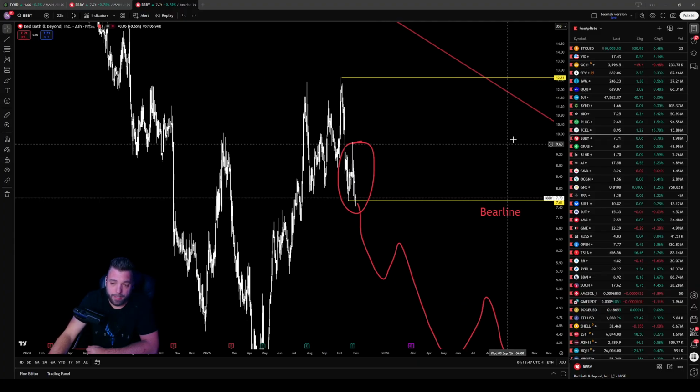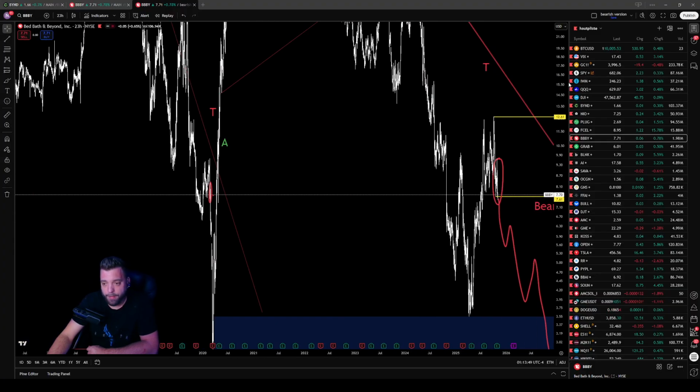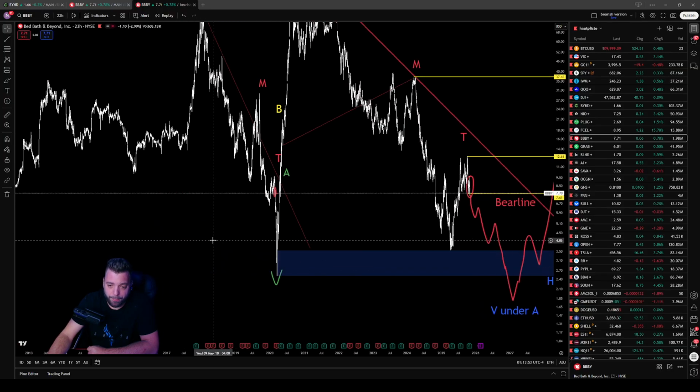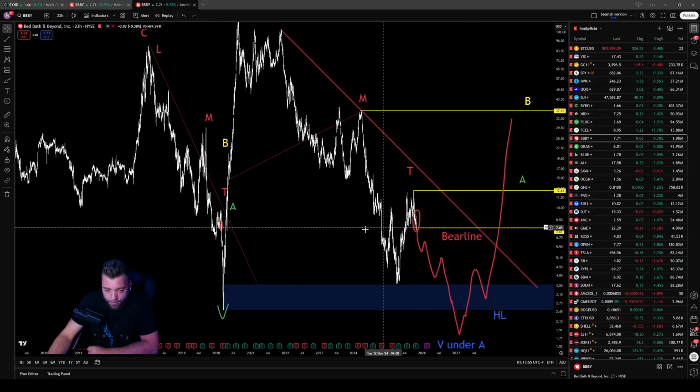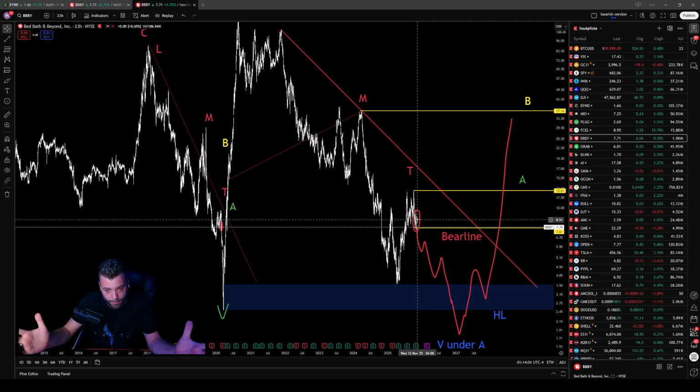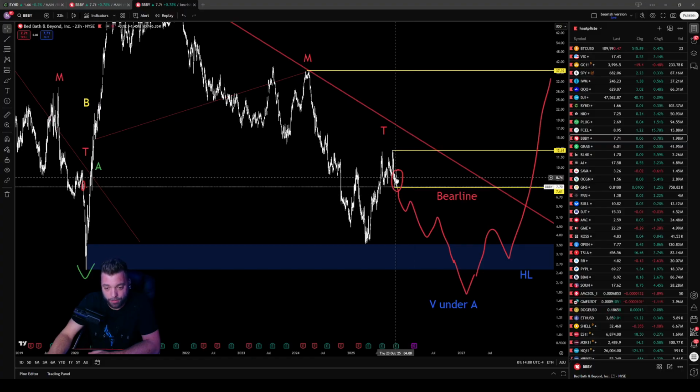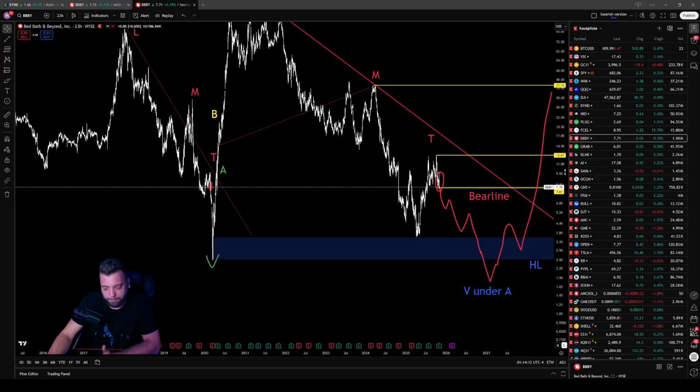I really think there's a very, very good chance, and this move should be quick. The repetition of the earlier fractal most of the time is bigger and longer, but this move is quite quick. So we should see strong moves to the downside very soon.